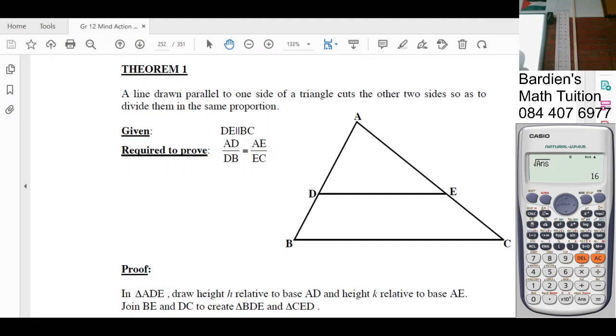From vertex D, you're going to draw a perpendicular height relative to A. Then from E, you're going to draw another perpendicular height, and we call this K. From D, we draw K perpendicular to AD, which is this line.